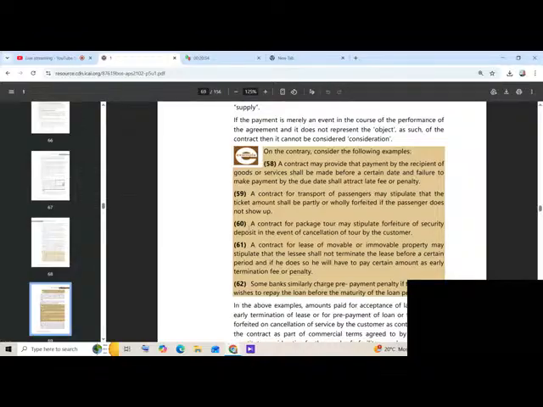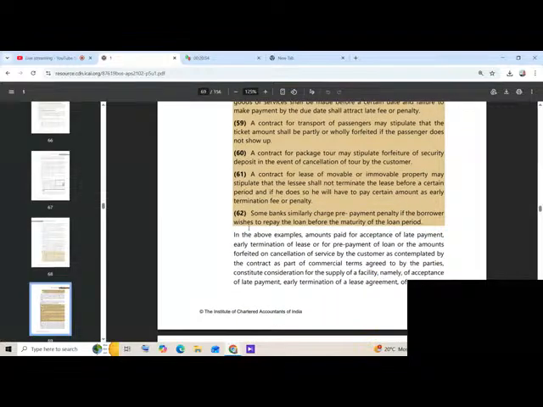A contract for package tour may stipulate forfeiture of security deposit in the event of cancellation of tour by the customer. A contract for lease of movable or immovable property may stipulate that the lessee shall not terminate the lease before a certain period, and if it does so, will have to pay certain amount as early termination fee or penalty. Some banks similarly charge prepayment penalty if the borrower wishes to repay the loan before the maturity of the loan period.